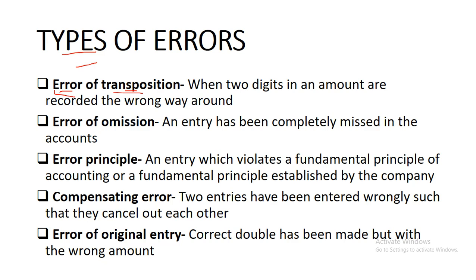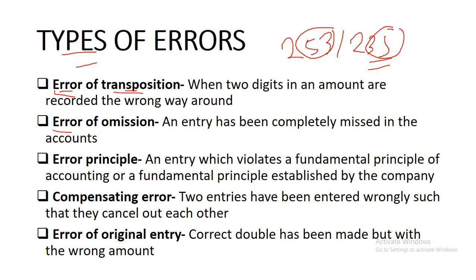The typical example is you have 253, then it has been recorded as 235. That's an error of transposition.